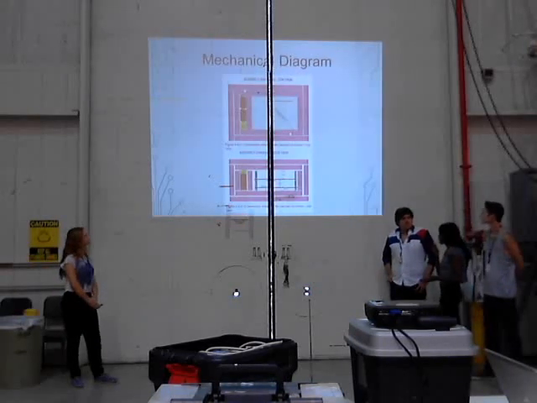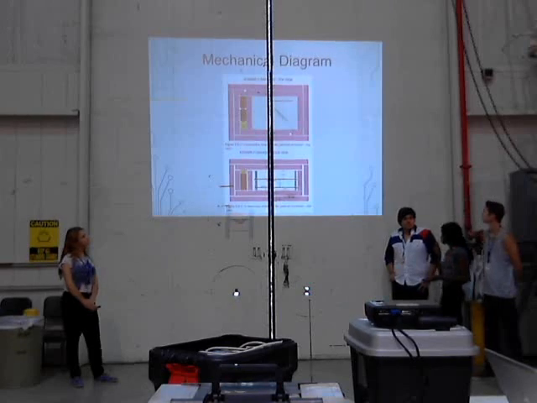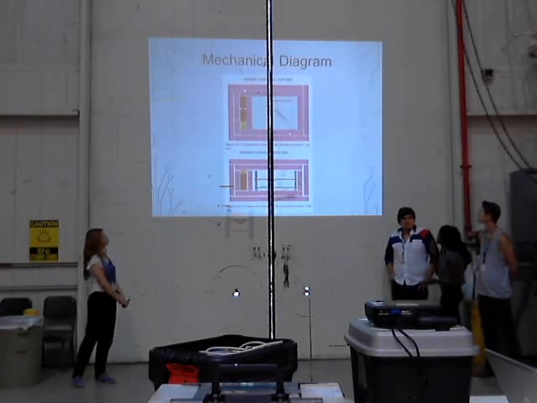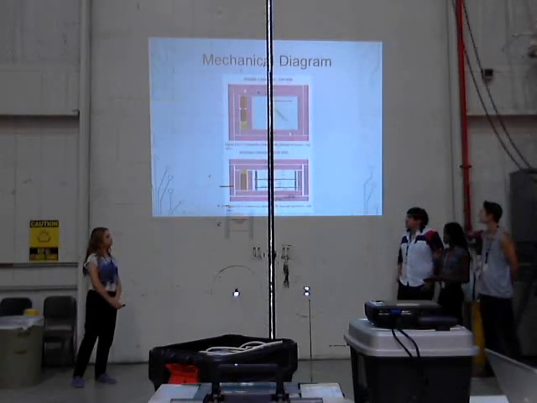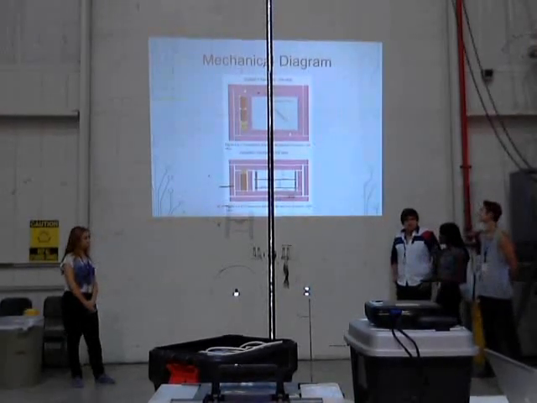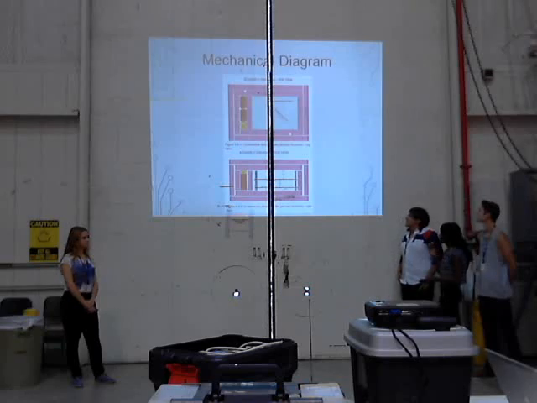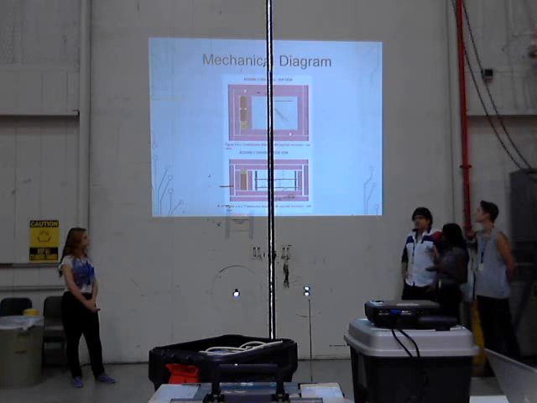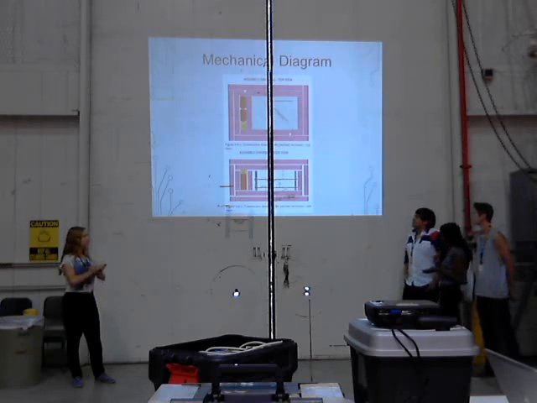It's also shock absorbent. And this is a mechanical diagram, showing the dimensions of the payload box and the measurements of the material we used to construct it. The white part at the top is where the circuit boards go, and the partition separates the batteries from it.